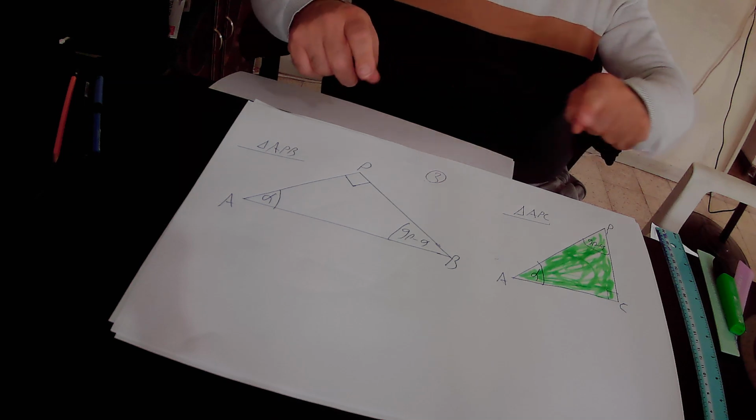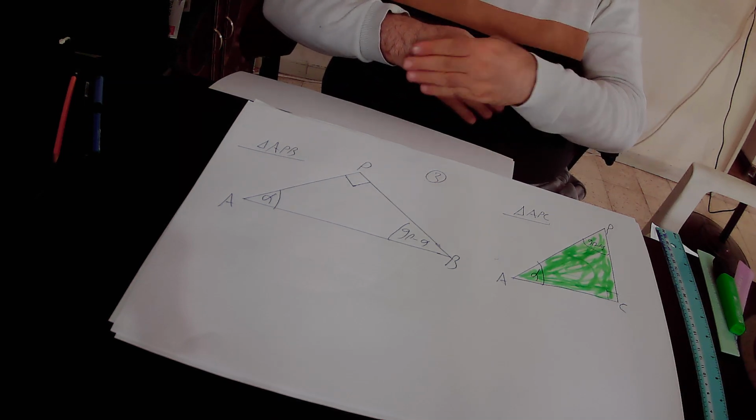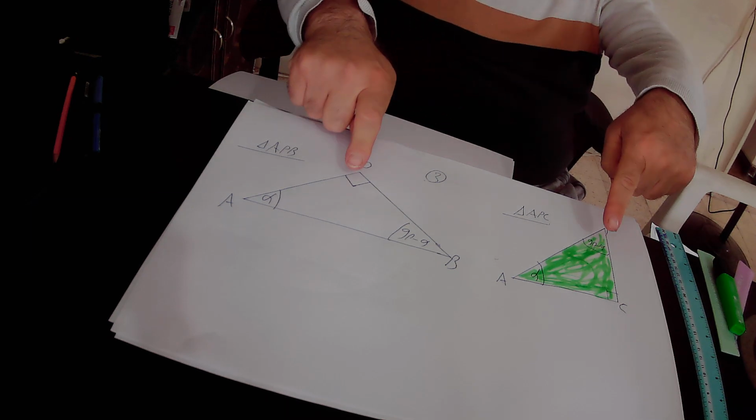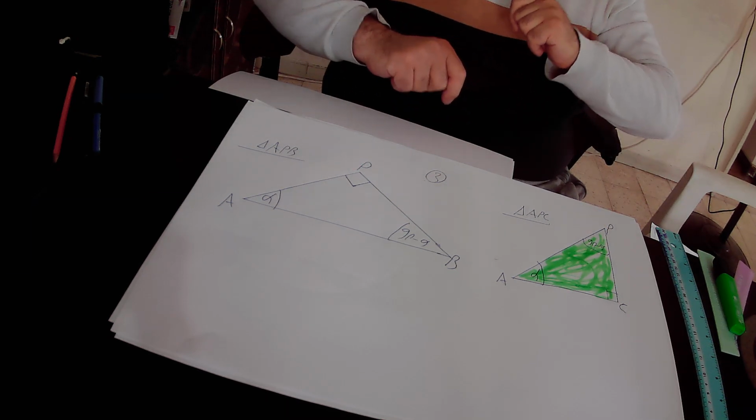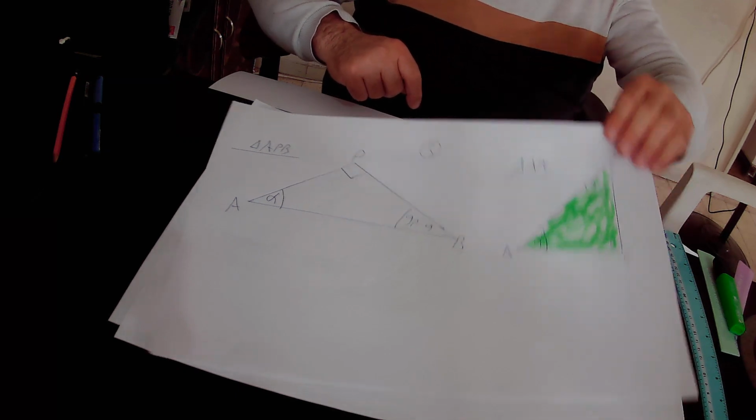So actually, those are the two right triangles that are copied from the original drawing. In the next step, we will prove that those two right triangles are similar to each other according to angle similarity rule.